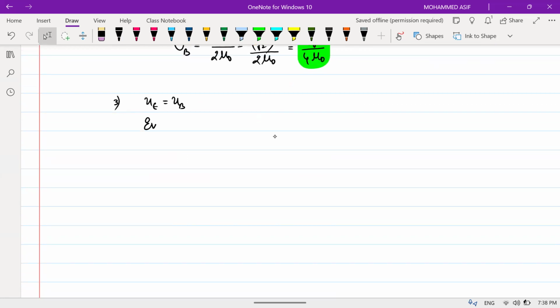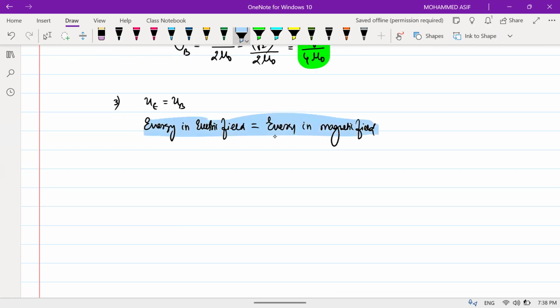I'll write here: energy in the electric field is equal to energy in the magnetic field. Clear?